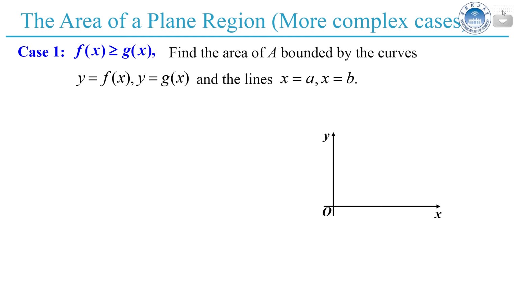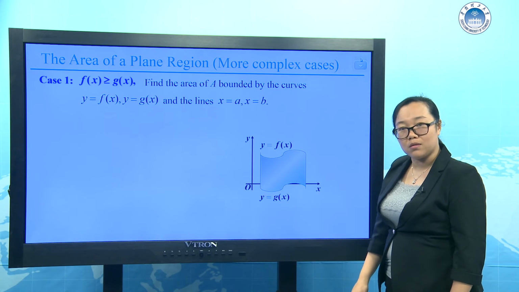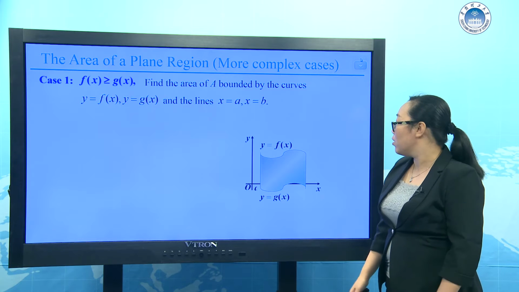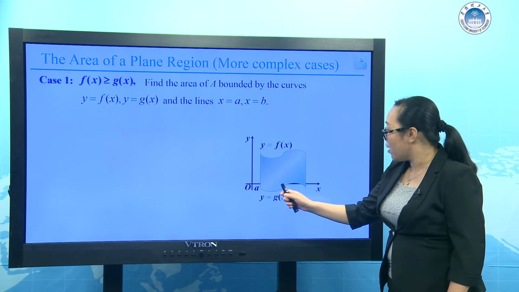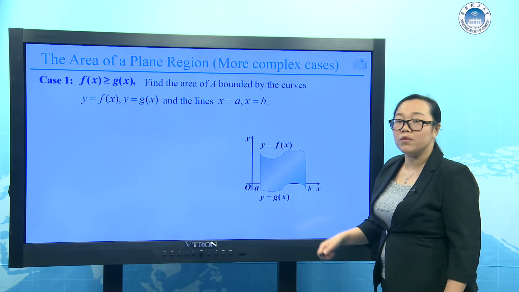Look at the figure. The area lies between y equals f(x), the upper curve, and the lower curve y equals g(x), between x equals a and x equals b. How to compute the area of the region?